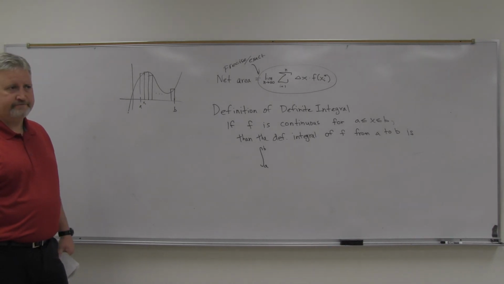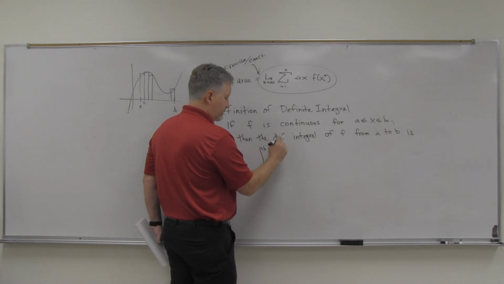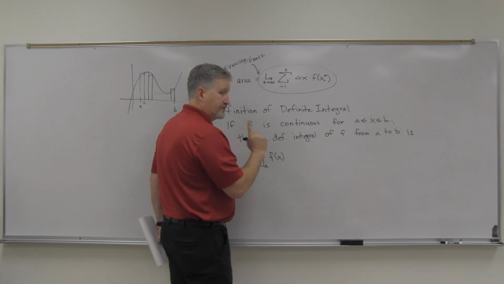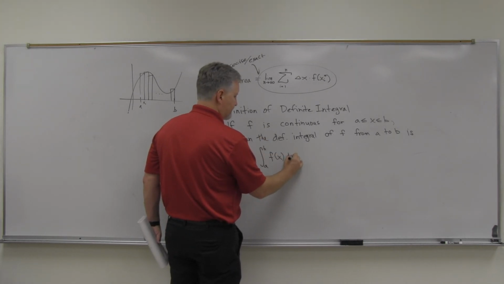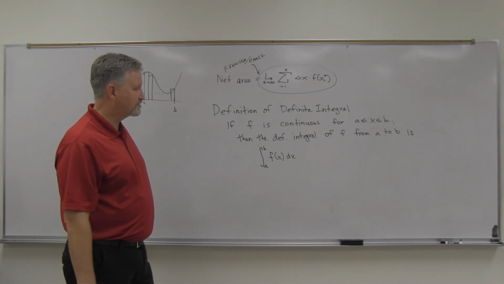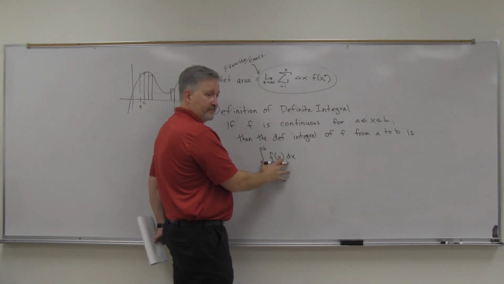The function that you're integrating is in here. And then we're bringing back another thing, the differential dx, which goes in here too. We'll talk about what that means in a second. So that's the notation for what's called a definite integral.